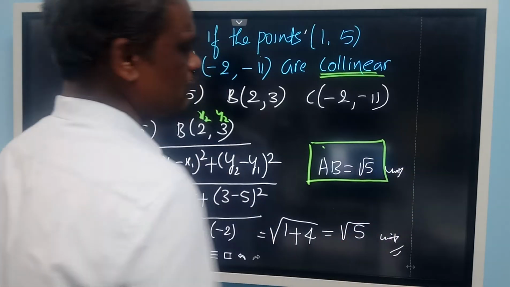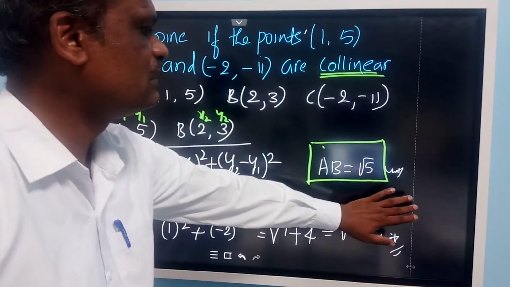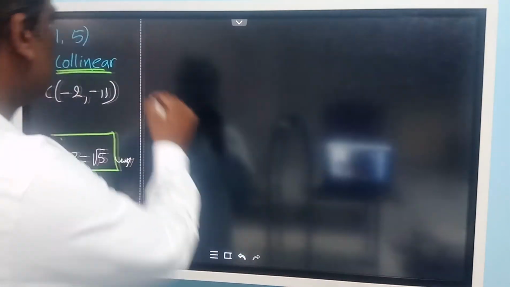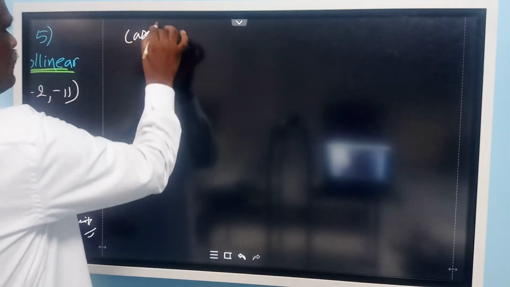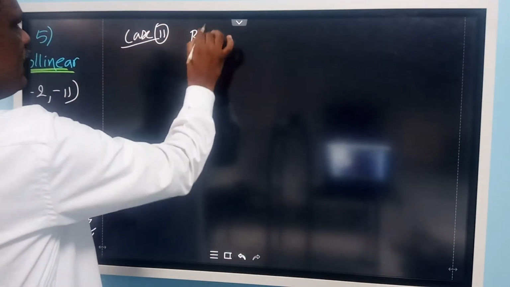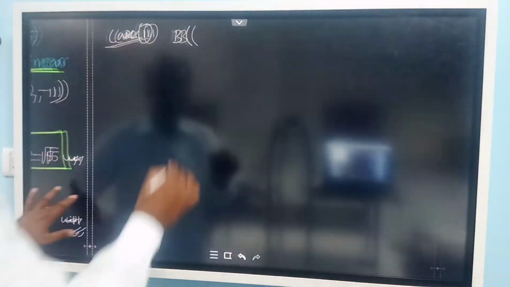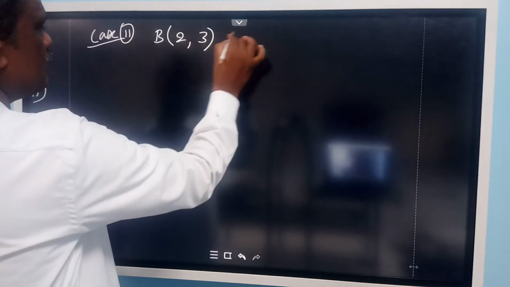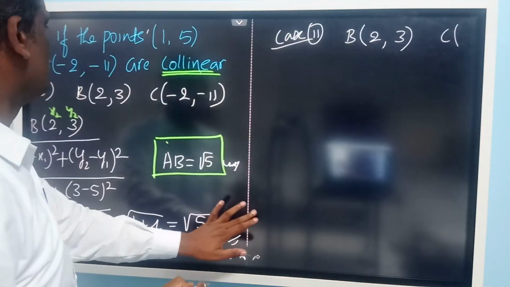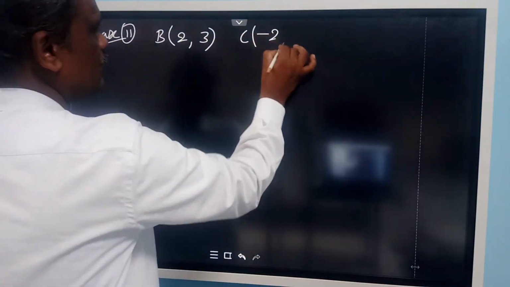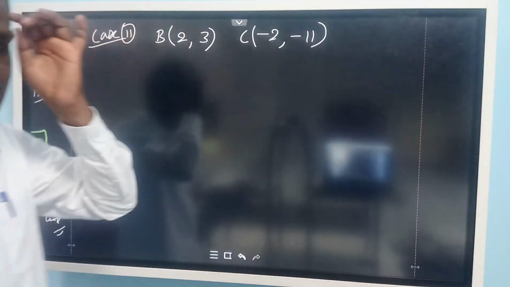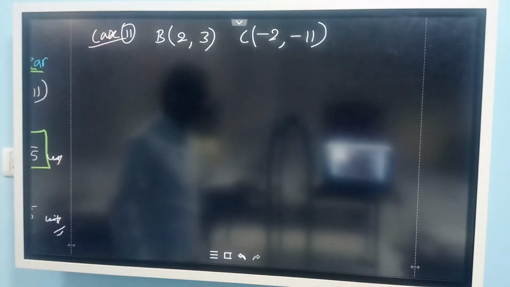Now after finding AB, let us find out BC. Case 2: I will find B and C. You have to write the points separately, otherwise there will be confusion. B is (2, 3) and C is (minus 2, minus 11). Always write the points separately once they are given. Don't directly select from the question itself.